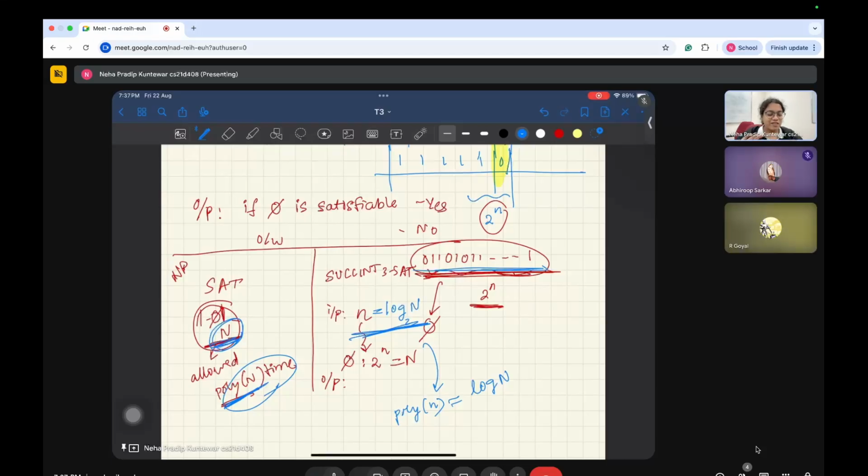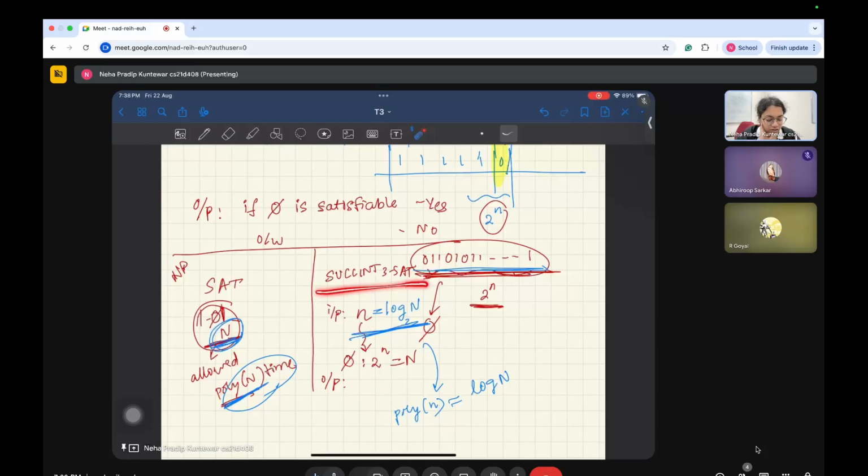So whenever we think of an NP problem, you will always run in polynomial time with respect to the input size. Here the input size is capital N, so you are given poly of capital N time to solve the satisfiability problem on phi.